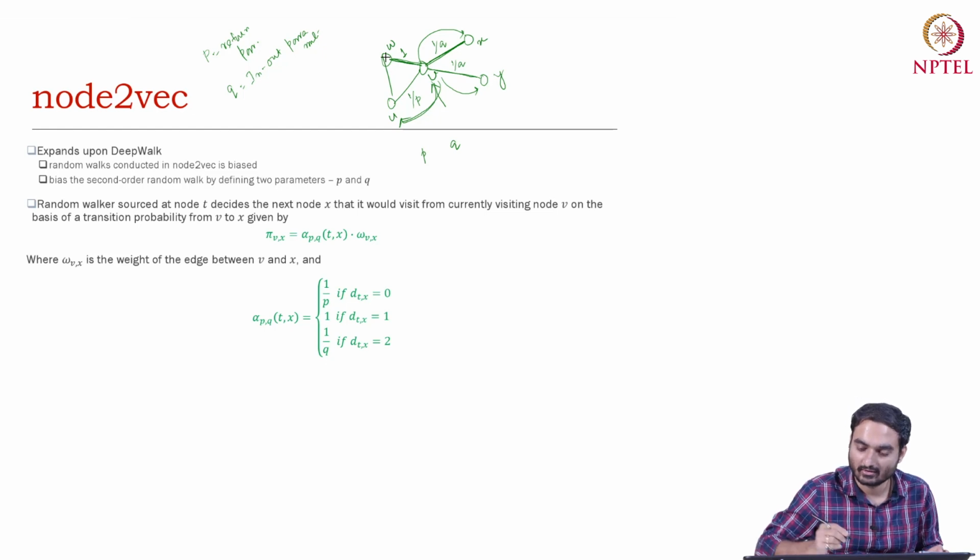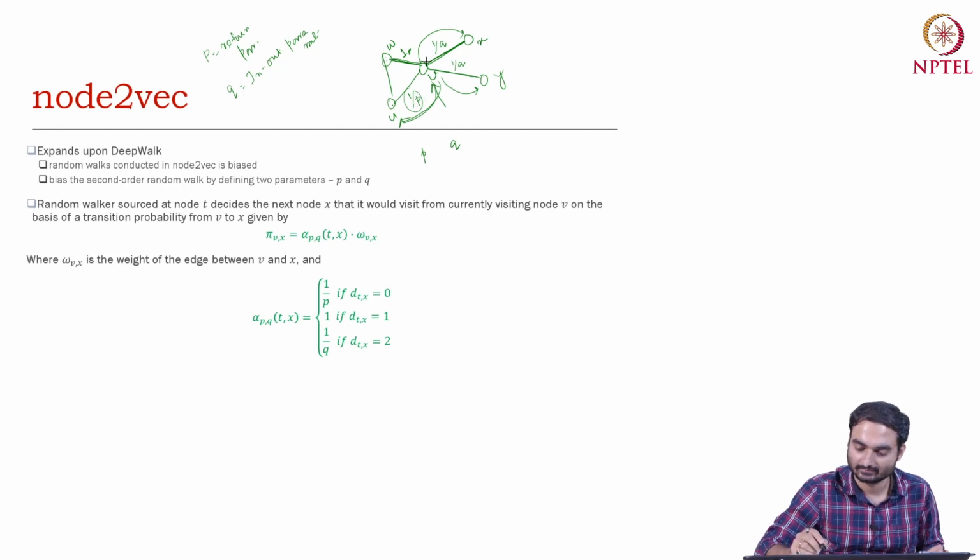Why? Because V and W both are first neighbors of U. So, when we do BFS, you should be able to explore both V and W. Now, if you fix one parameter as 1, then the other would vary accordingly. This is 1 by P.